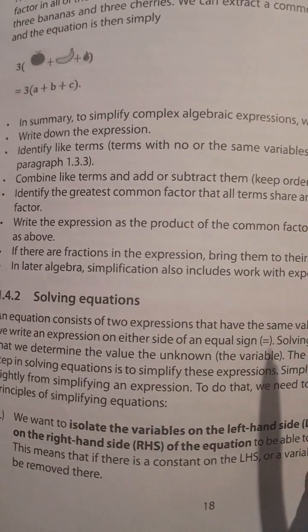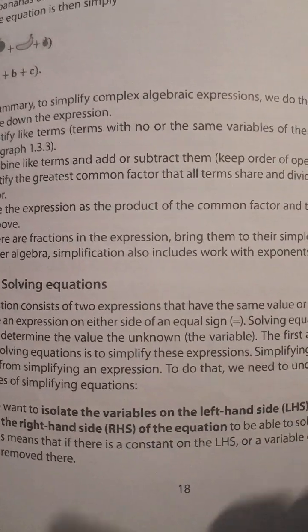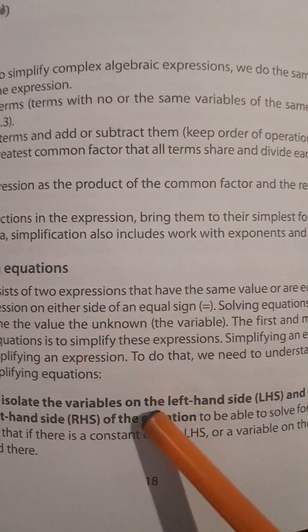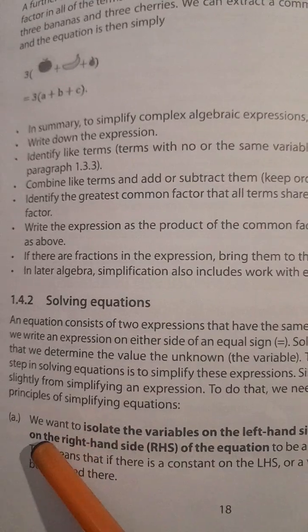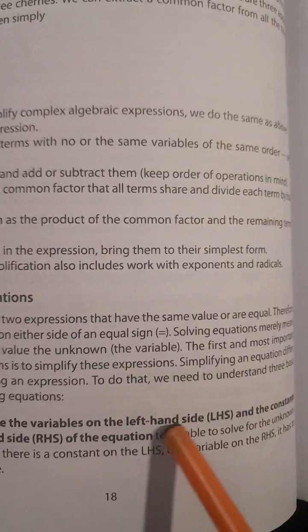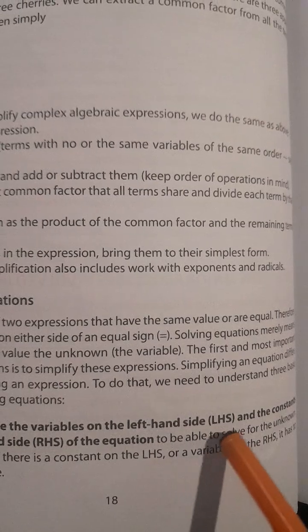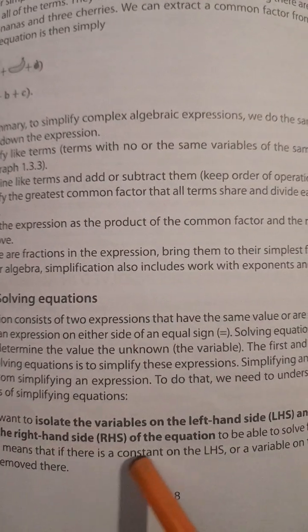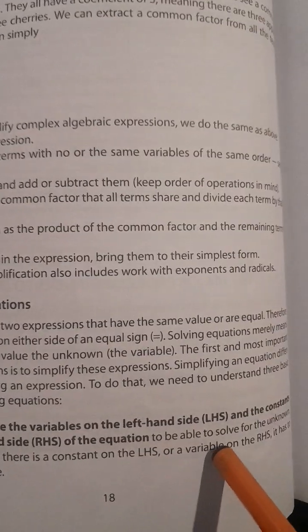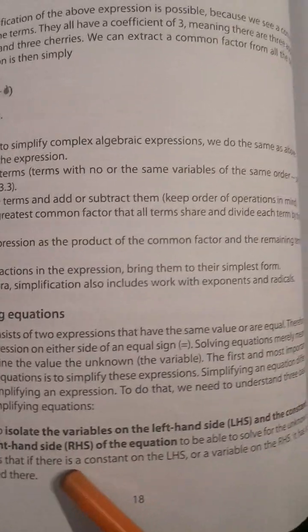Step A says we want to isolate the variables on the left hand side and the constants on the right hand side of the equation to be able to solve for the unknown. So this means that if there is a constant on the left hand side or a variable on the right hand side, it has to be removed, right?